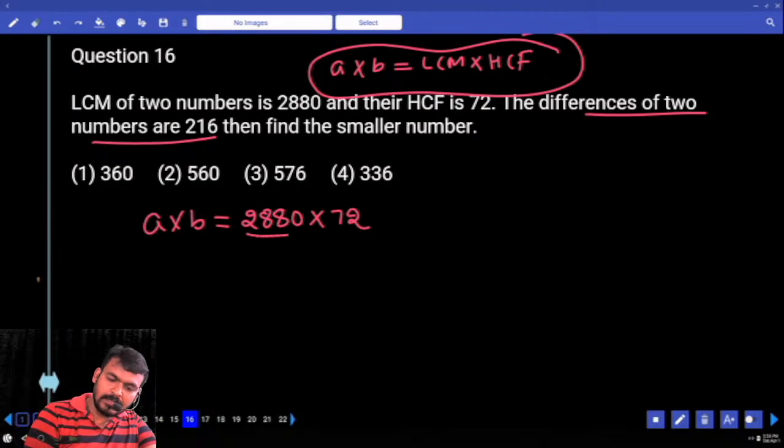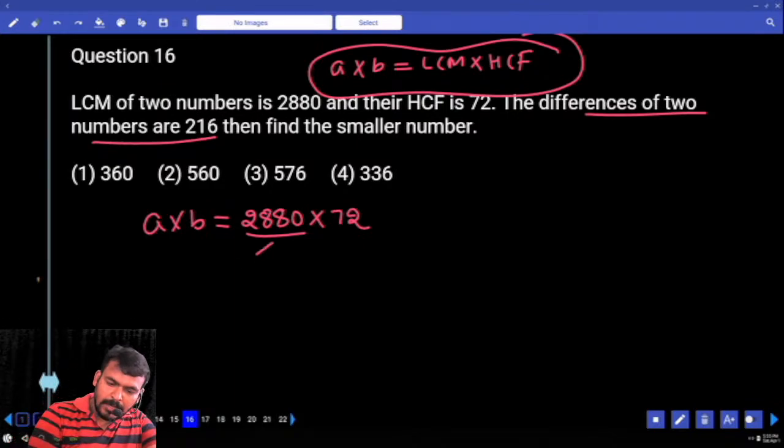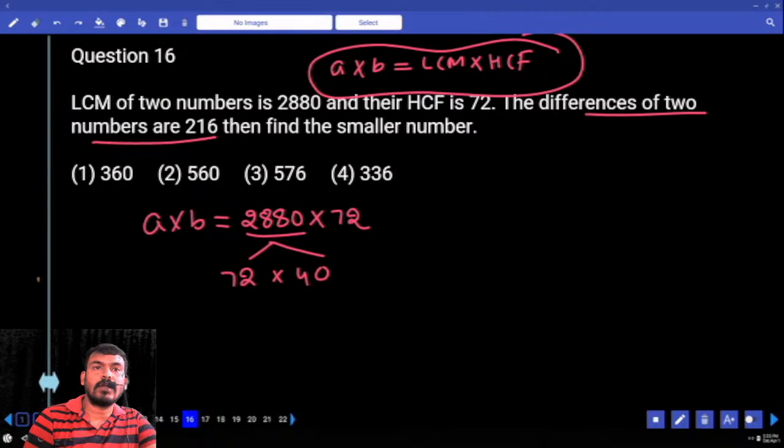First, 2880 is 72 how many times? 40 times, or not? In place of 2880, I wrote 72 into 40.